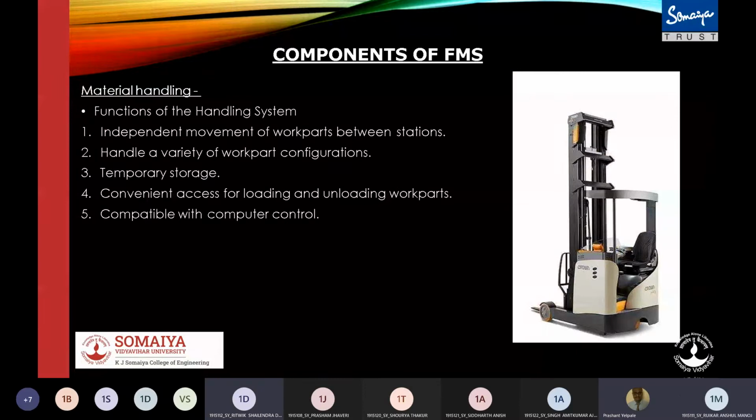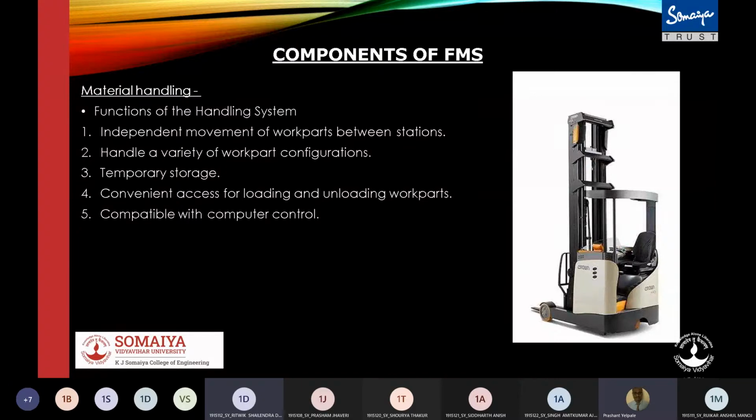So the second component is material handling systems. These are very essential because they ensure independent movement of all the parts between each and every single station.